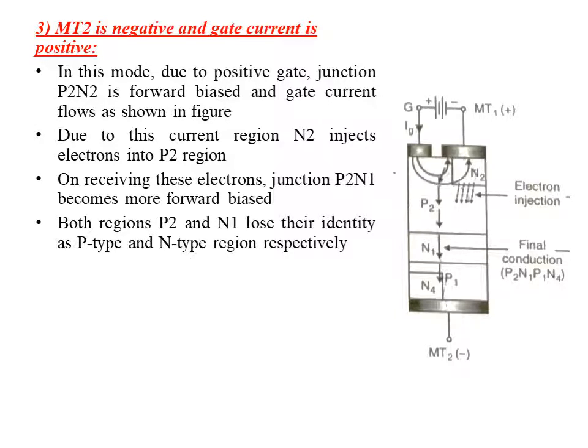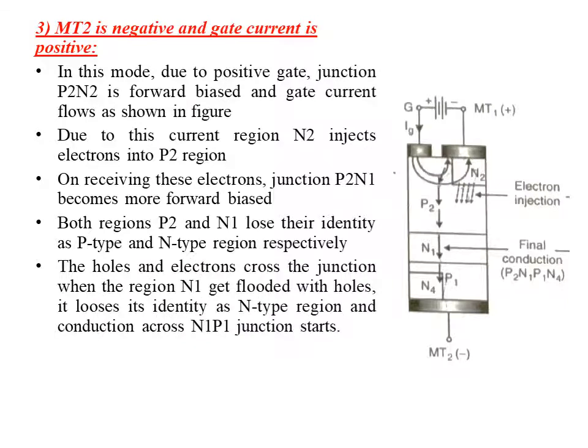Both regions P2 and N1 lose their identity as P-type and N-type regions respectively because the electrons are being injected into these regions.